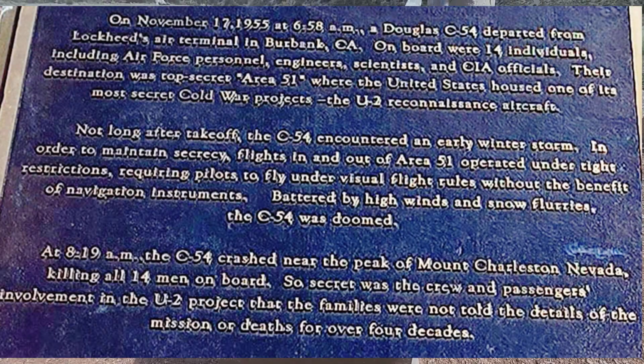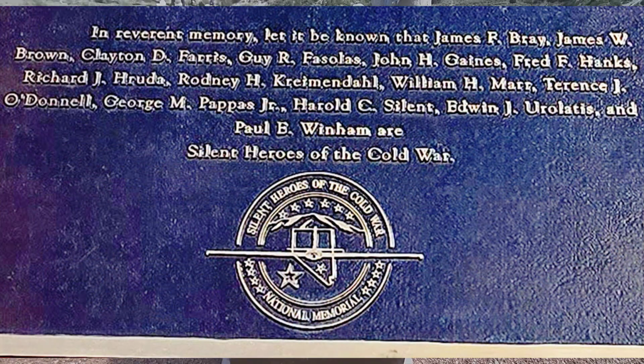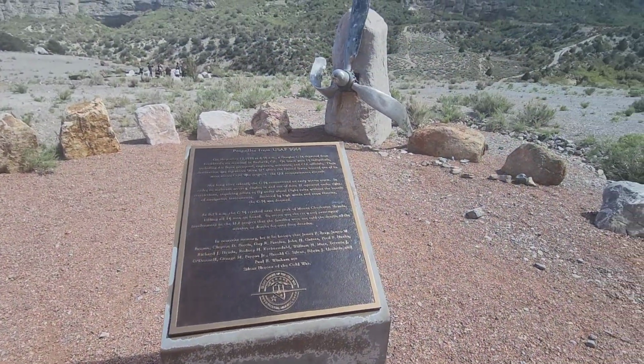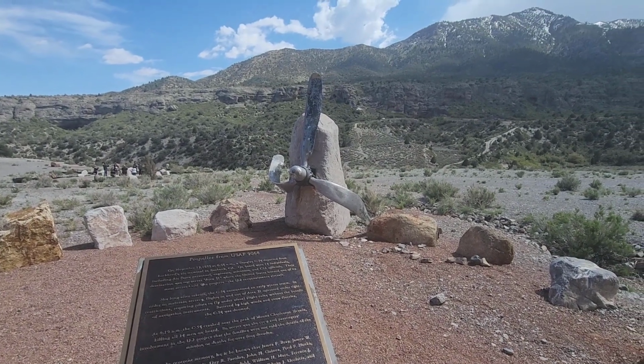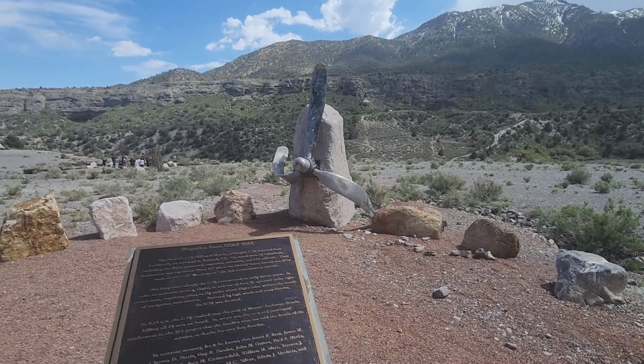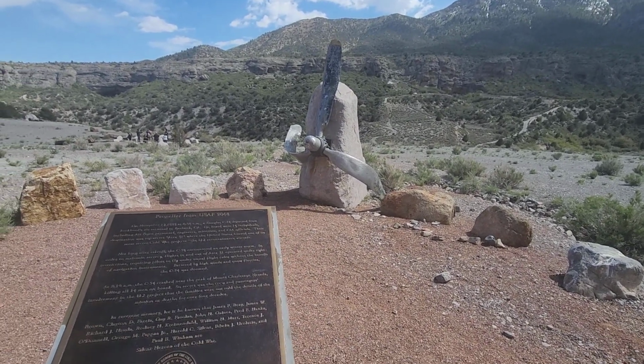So the C-54 plane was part of a U-2 spy program, and so secret that the families were not given the details of the crash for 4 decades. And the plane was headed from Burbank, California to Area 51.